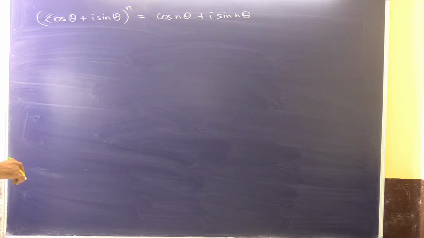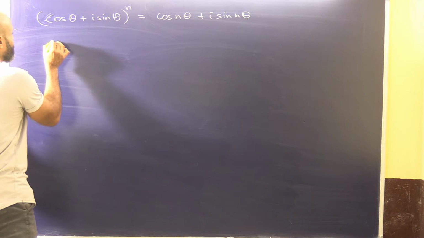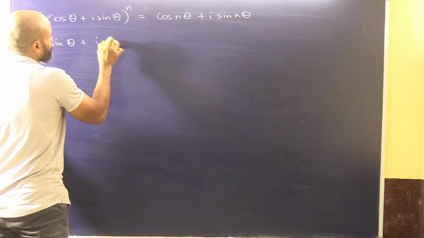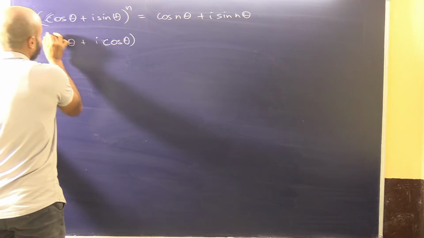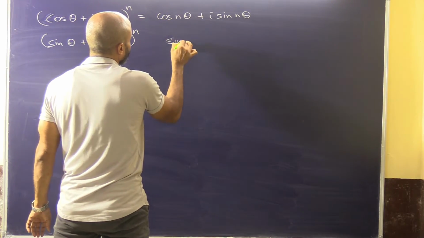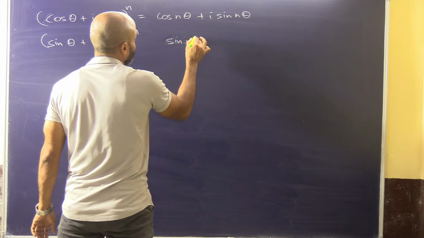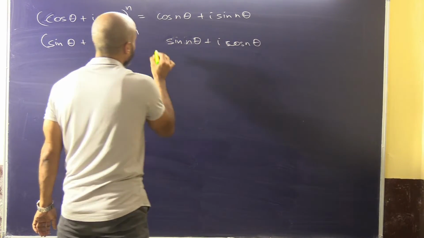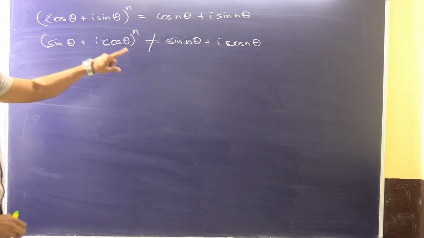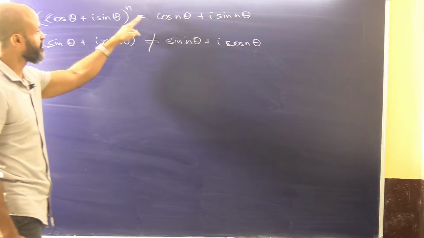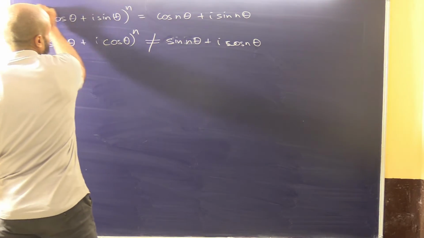But if we replace this, let's say sin theta plus I cos theta to the power of n, would it be equal to sin n theta plus I cos n theta? The answer is no, this will not be equal. So we have to have this in this format, cos theta plus I sin theta to the power of n, only then this will be applicable.